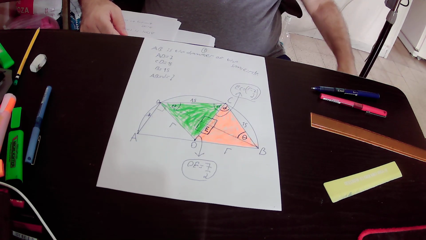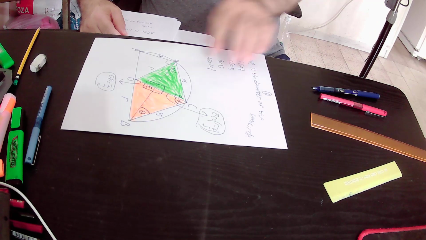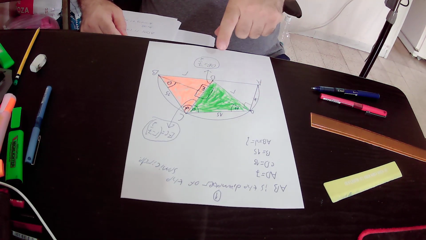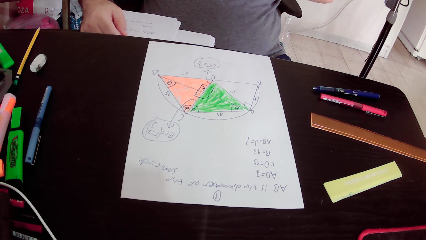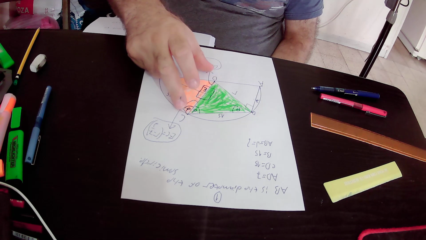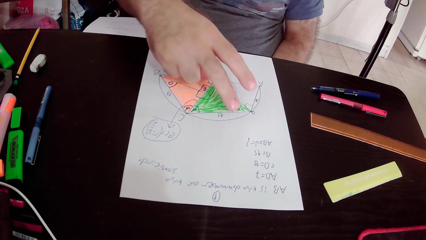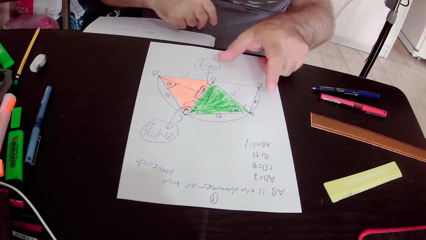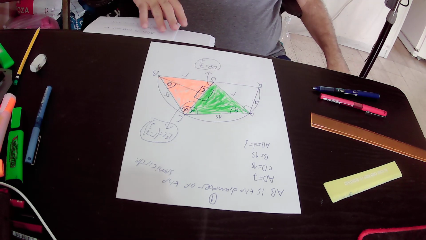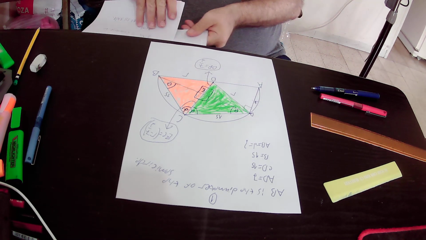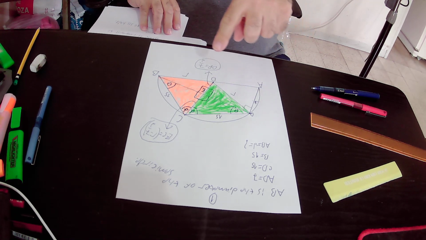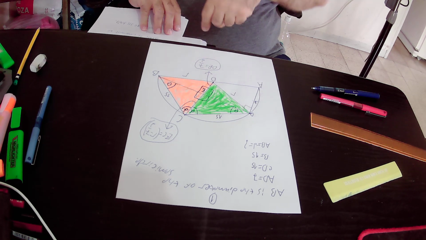Okay, so in the next step, we defined the center of the semicircle as point O, and then we connected together points O and C by a straight line, and we also connected together points O and D by a straight line, and then we related to two triangles, the green triangle, triangle ODC, and the orange triangle, triangle OCB.